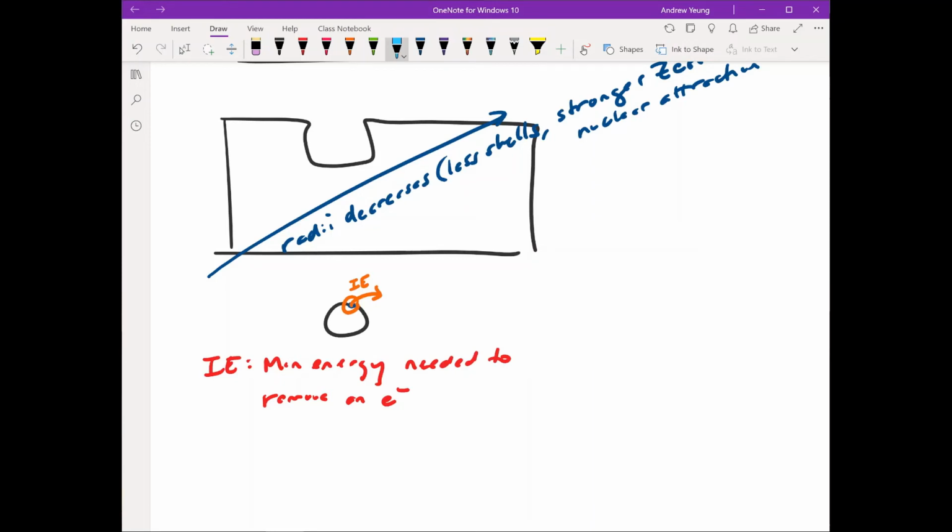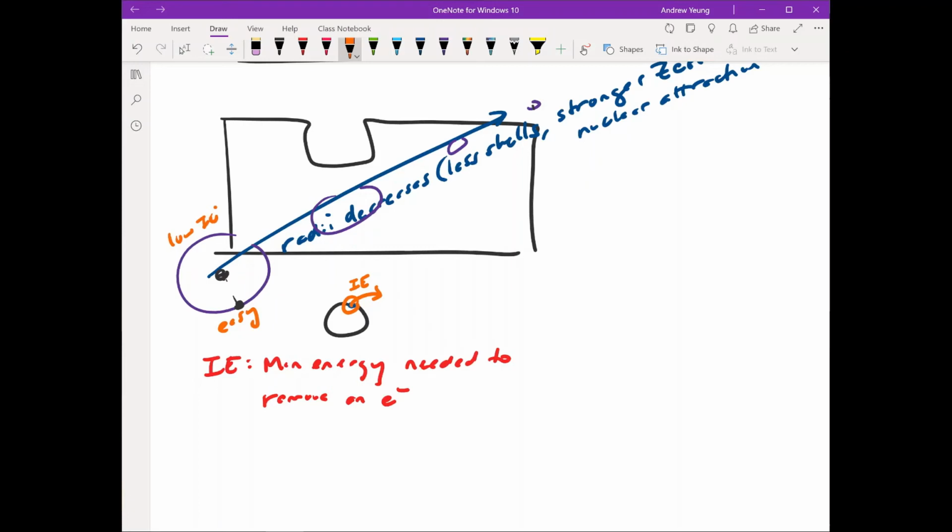So what's going to happen here is, because my size is actually shrinking going that way, the further away something is from the nucleus, it's not going to be as strongly attracted as something that's nearby. So in this case here, I'd imagine that we are relatively easy to remove. Easy means low ionization energy.